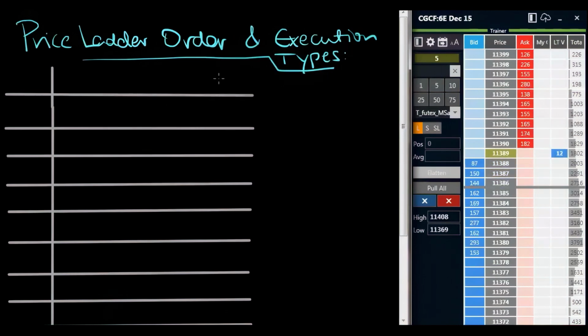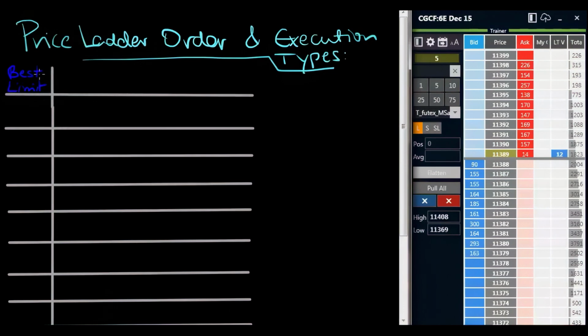And the very first order I want to go through, and we'll roll through this in alphabetical order, is the best limit, or you sometimes see it as BL.